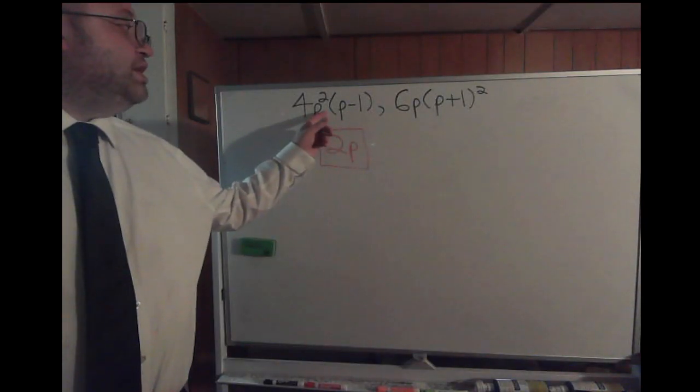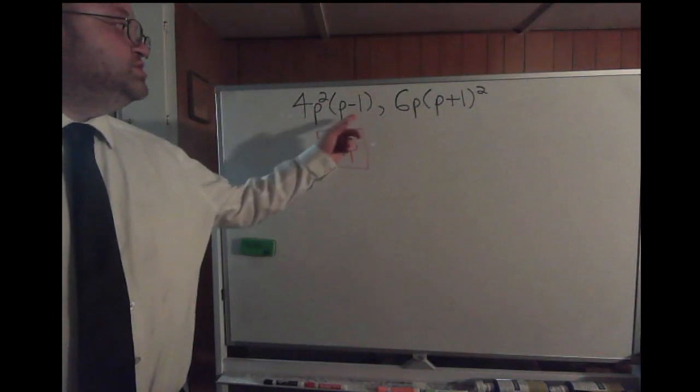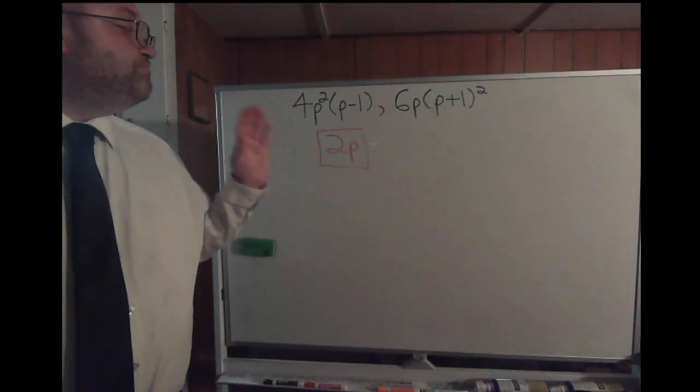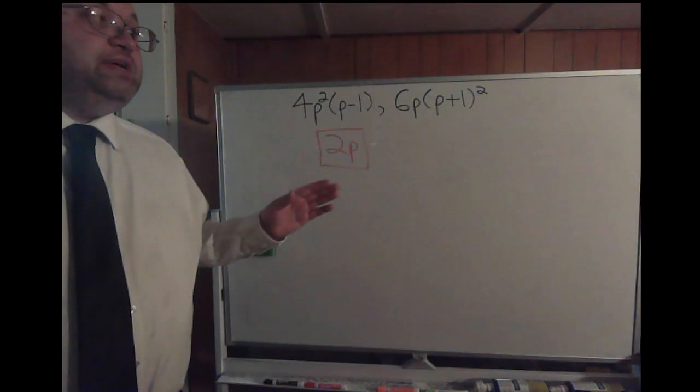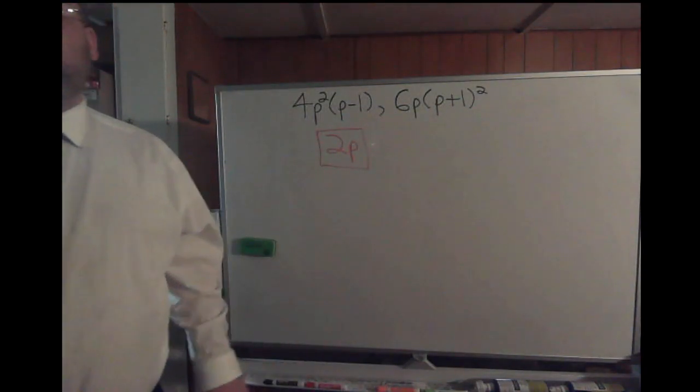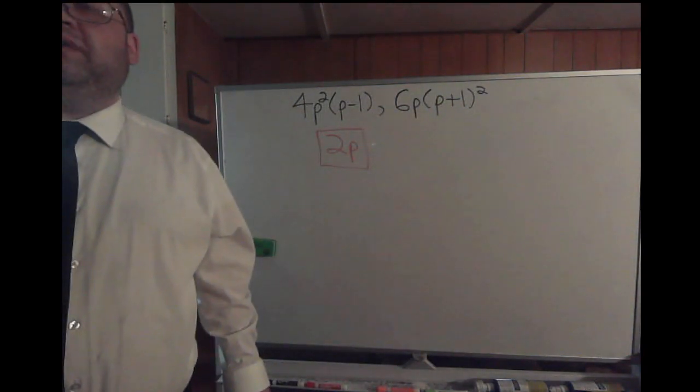So the p squared is different from p minus 1. Those are different. So you take those piece by piece. Just take it piece by piece and you build your greatest common factor. I like the piece method. That's the best way to do it.